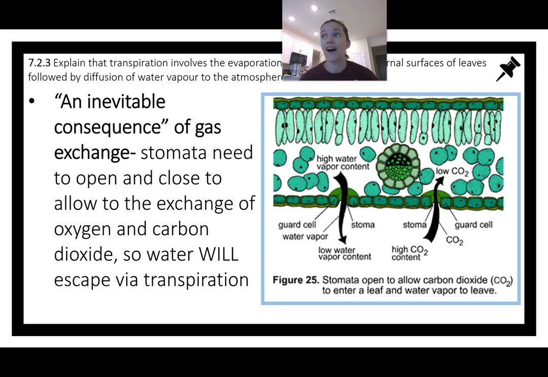If it's a really hot, sunny day, there's a ton of photosynthesis happening, and that leaf needs to do gas exchange. It has to decide, is it worth losing that water to get those gases? So it's a back and forth, an inevitable consequence.